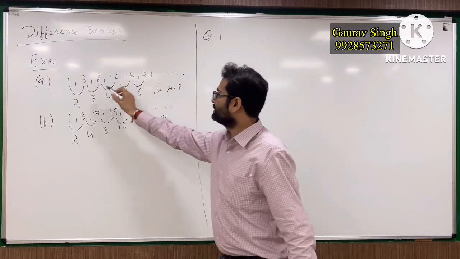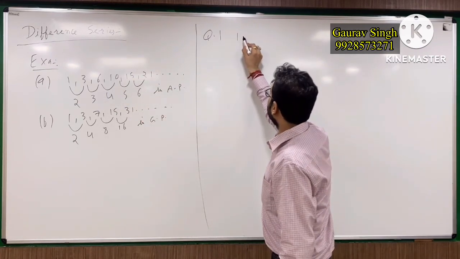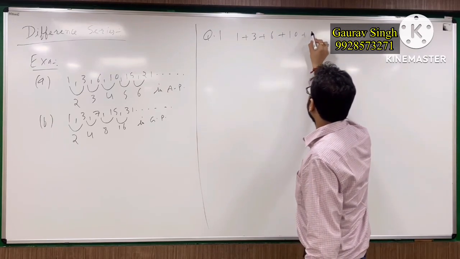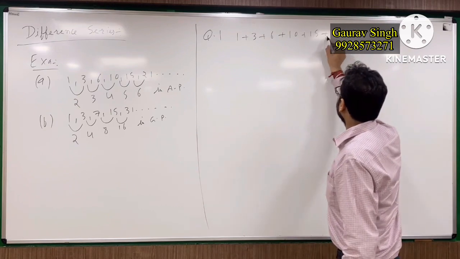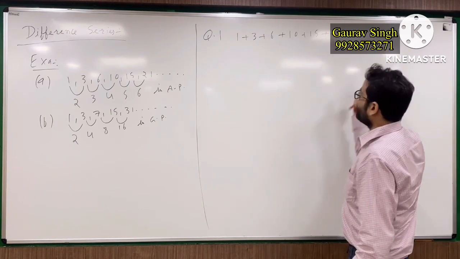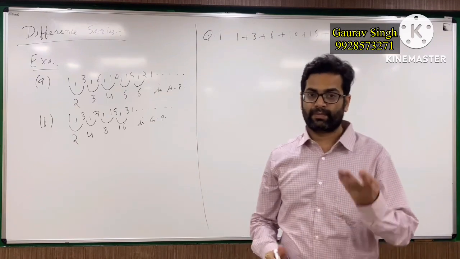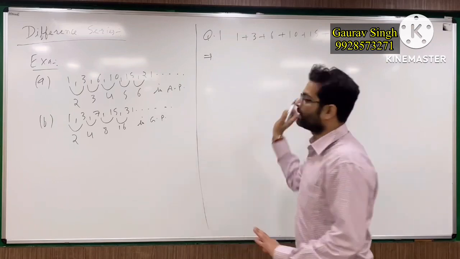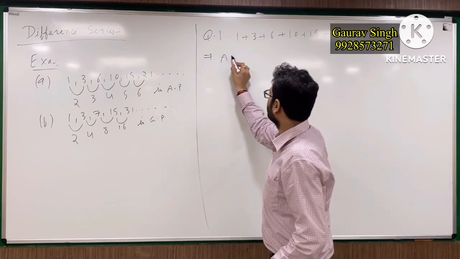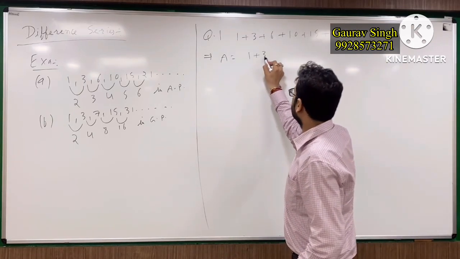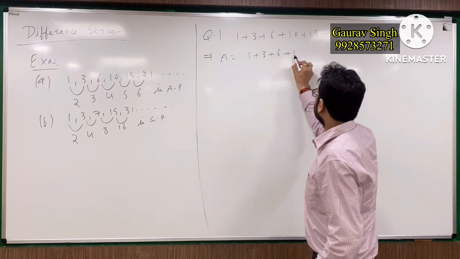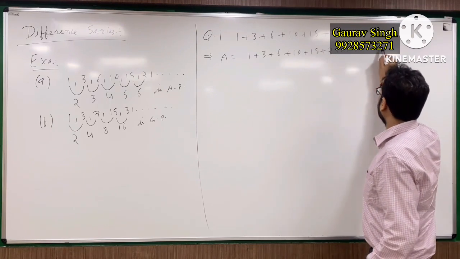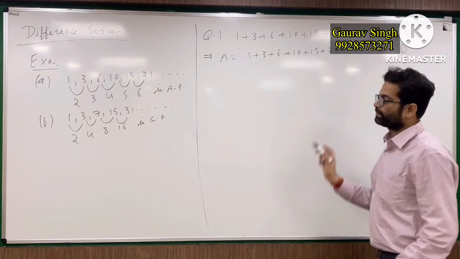Question 1. Find the sum of 1 plus 3 plus 6 plus 10 plus 15 plus 21 and so on. Firstly, we assume the sum of all the terms is capital A and write A equal to 1 plus 3 plus 6 plus 10 plus 15 plus 21 and so on up to n terms.